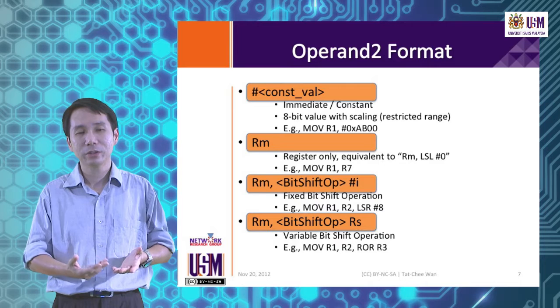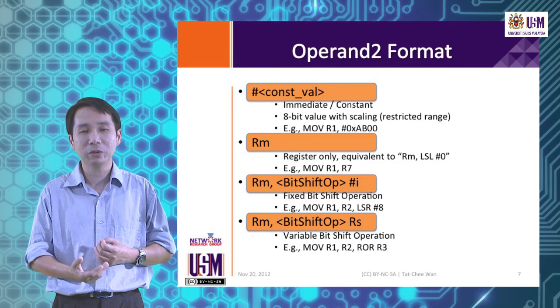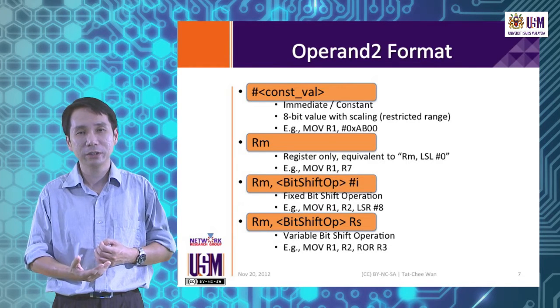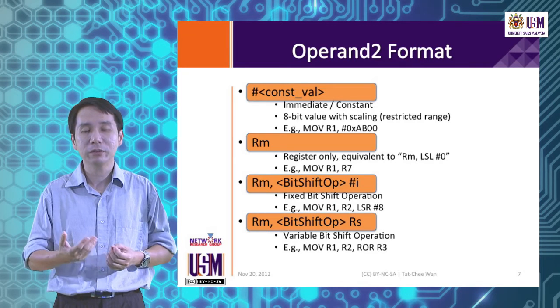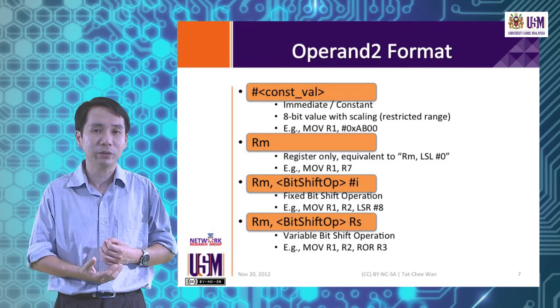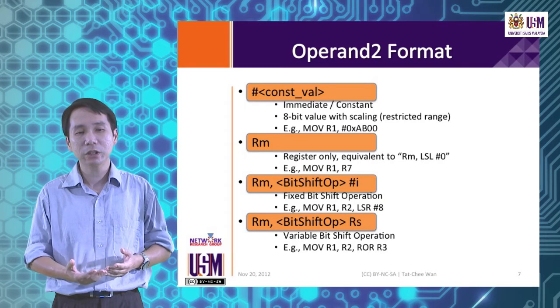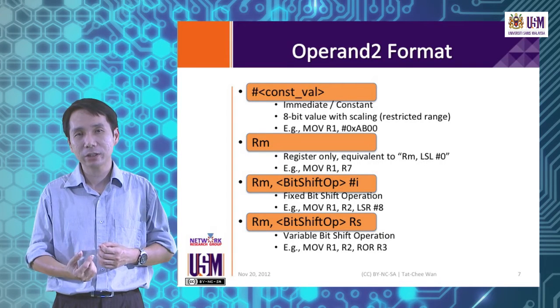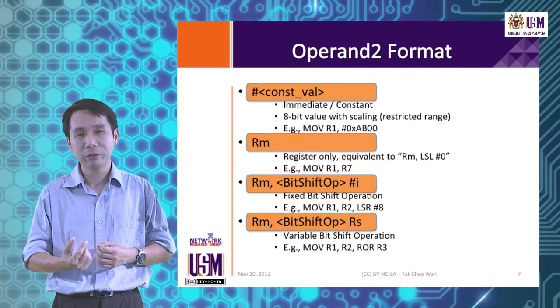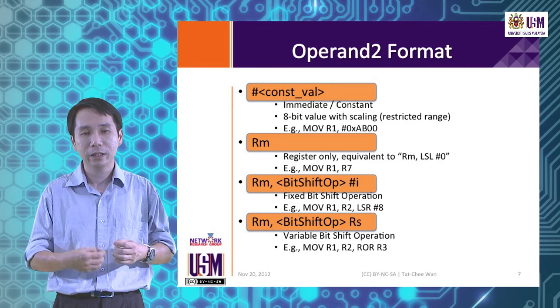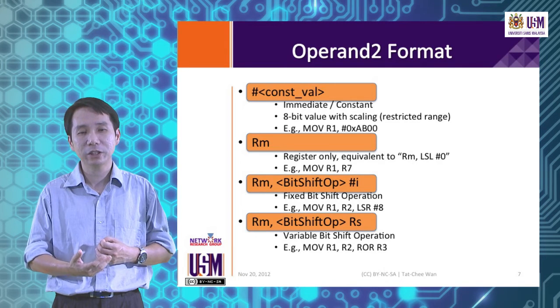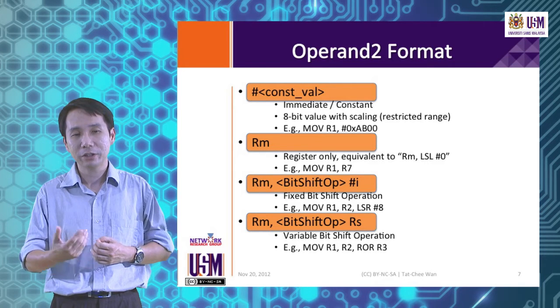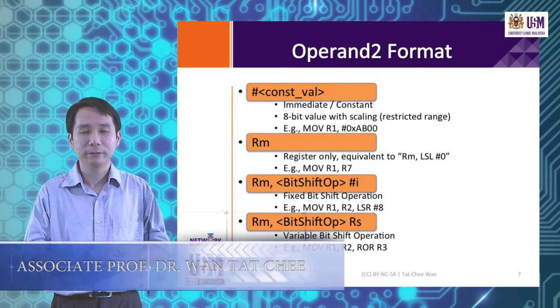So for example, the use of MOV R1, R7 is copying the value in register 7 into R1. The third version, Rm, a bit shift operation and a constant hash value for the number of bits to shift given by I, allows us to have a fixed bit shift operation to convert the value of the register Rm before it is copied.